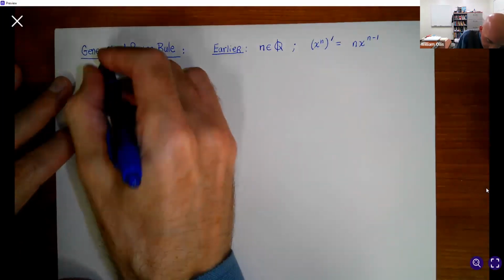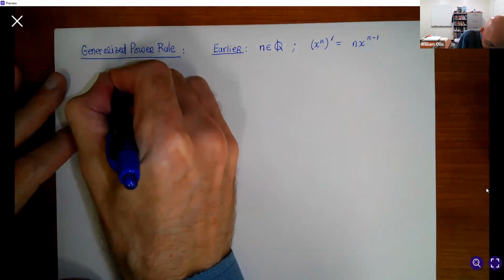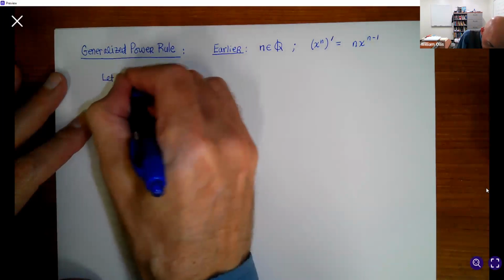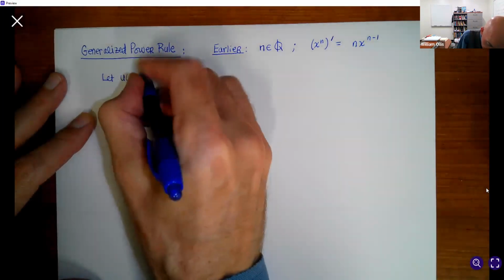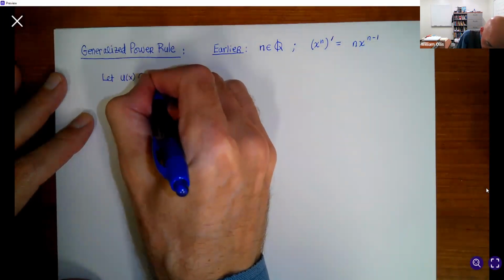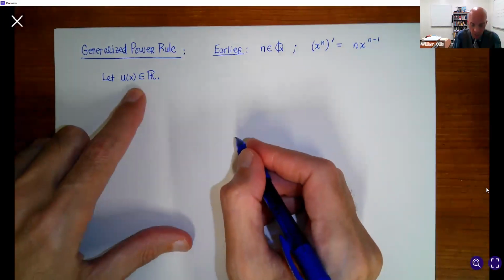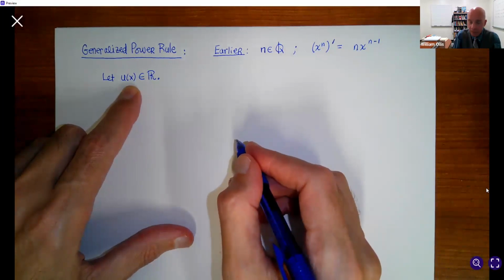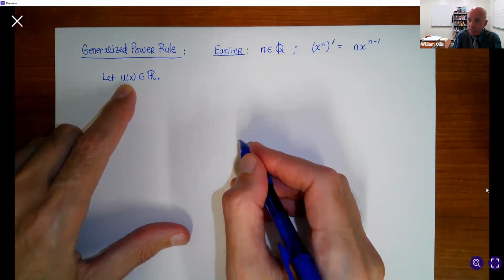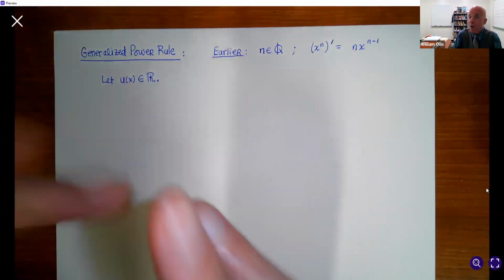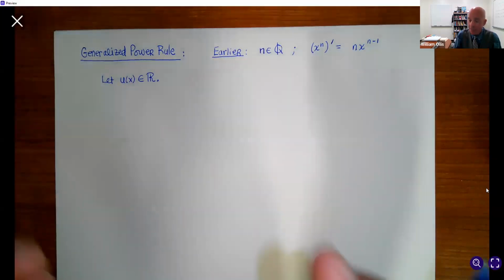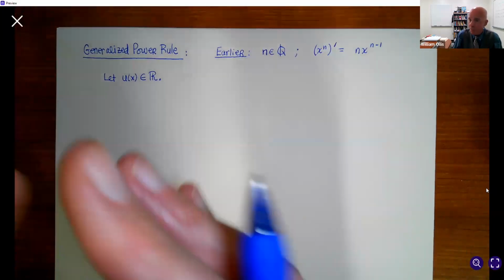So for instance, let u of x be a real expression. So we are now allowing the inner function in this case to be more grand, so to speak, more complicated than just the x variable.